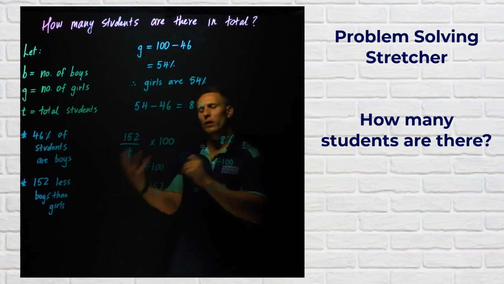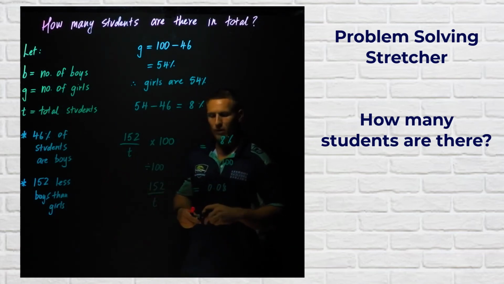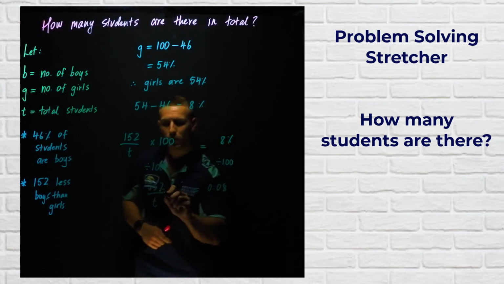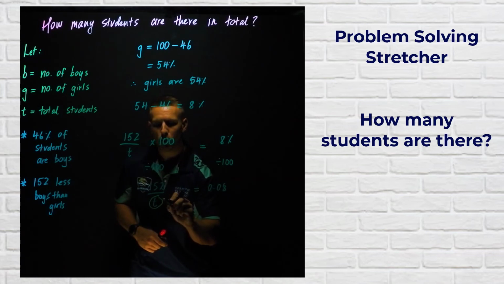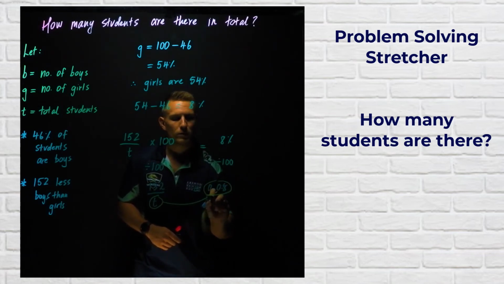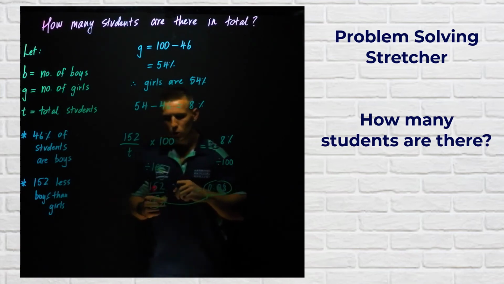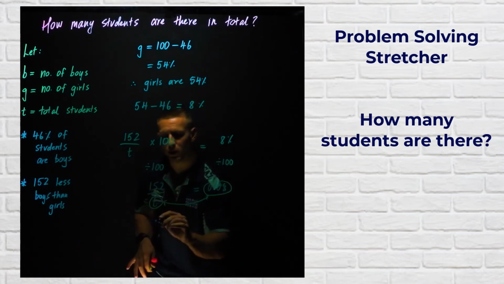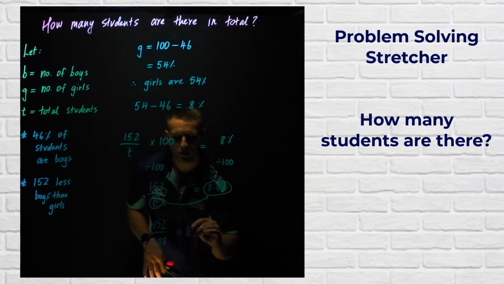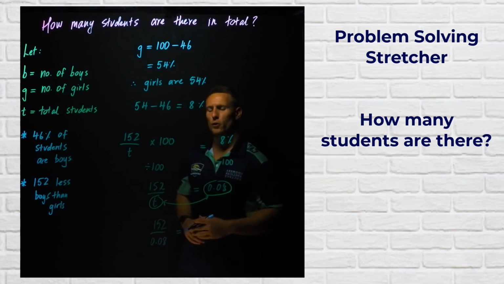Now, like I talked about in a few of our previous videos, we've got a little sneaky trick we can use here. I'm going to swap the T for the 0.08. So it becomes 152 divided by 0.08 equals T. All I've done there is swap those two.